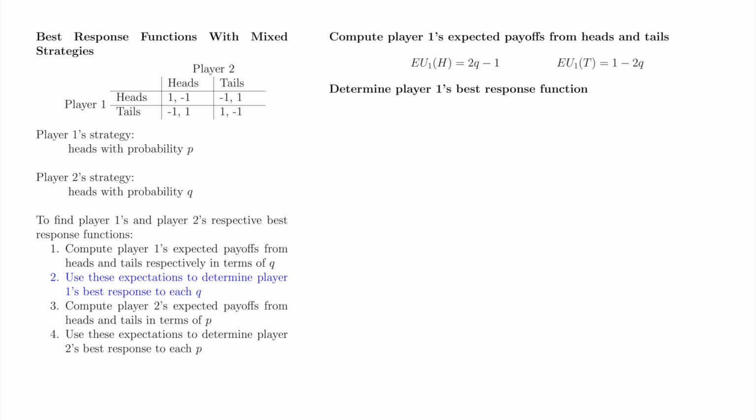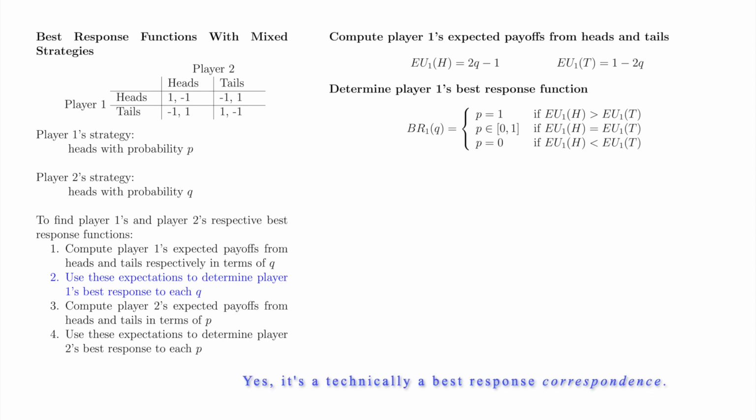Now we need to determine player 1's best response function. Player 1's best response function maps player 2's strategy Q to a P that maximizes player 1's payoff. We see immediately that it is a piecewise function. If the expected payoff of heads is greater than the expected payoff of tails, player 1's best response is to play P equals 1, i.e. heads with probability 1.